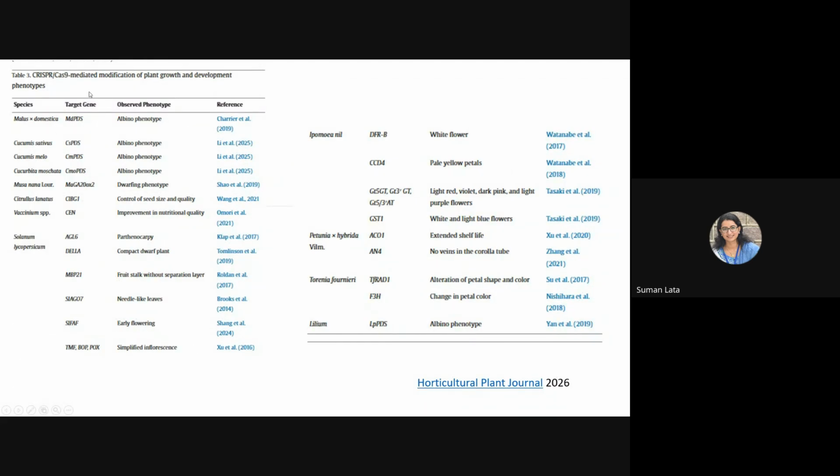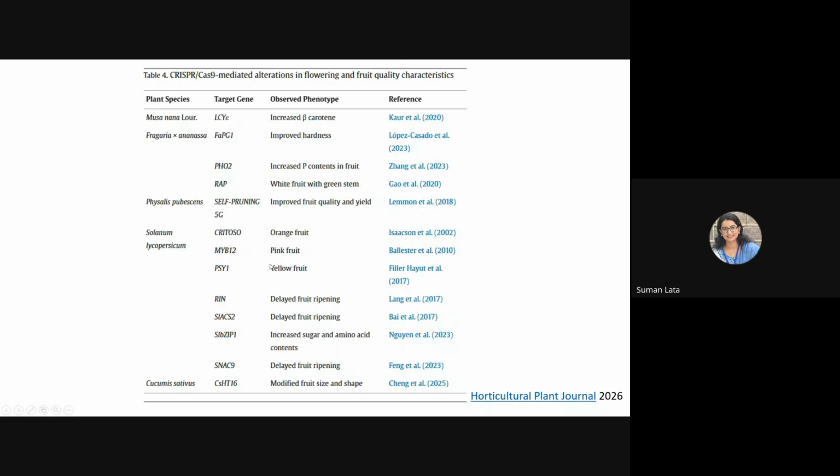So these are the different traits which were manipulated using genome editing. These are the traits related to plant growth and development in these crops, and these are the traits which are related to flowering and fruit quality.